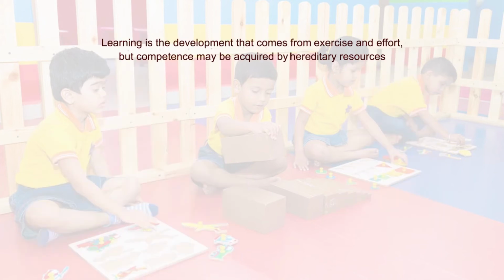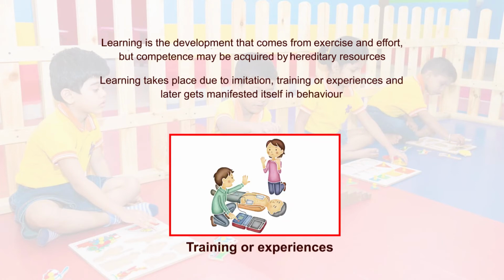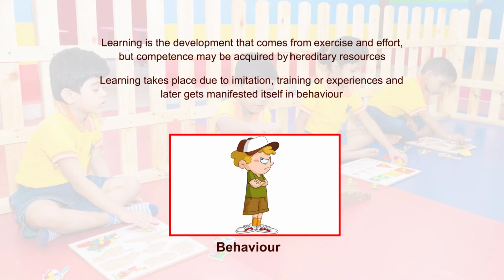Learning is a development that comes from exercise and effort, but competence would be acquired by the hereditary resources. Learning takes place due to imitation, training, or experiences, and later gets manifested in behavior.